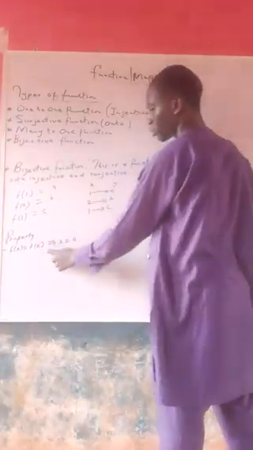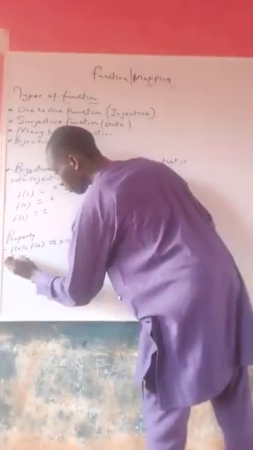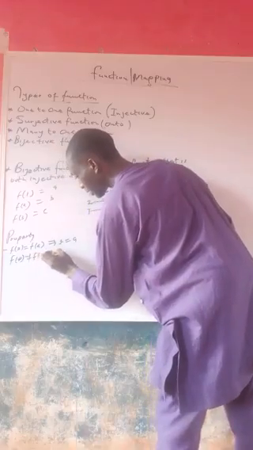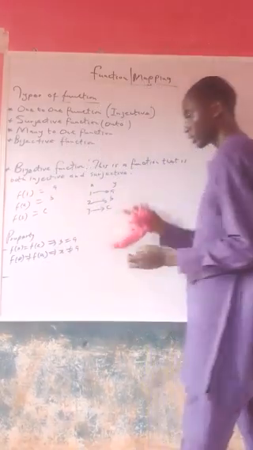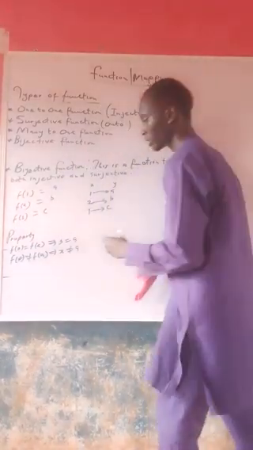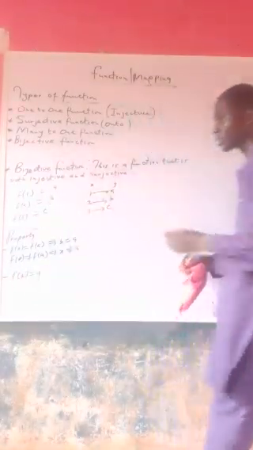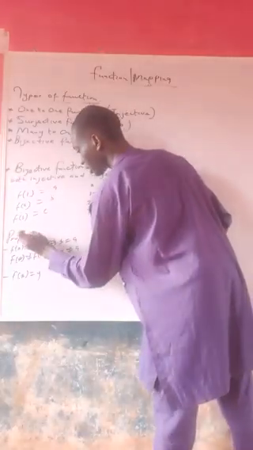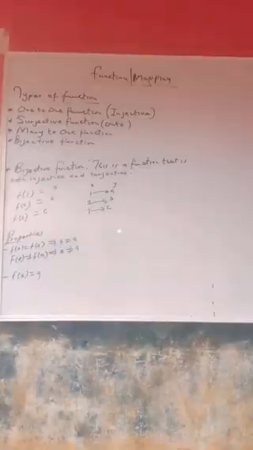So f of x equal to f of a implies that x equals a, and once f of x is not equal to f of a, this implies that x is not equal to a. And the second one, the property for the surjective, is that f of x must be equal to y. Once it obeys all these properties, then we say that the function is bijective.